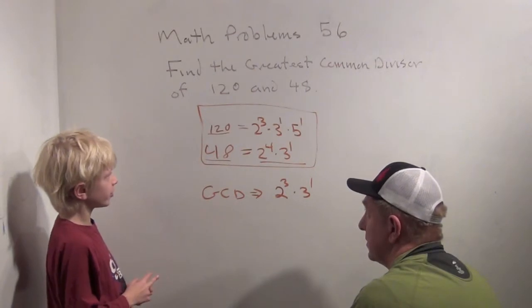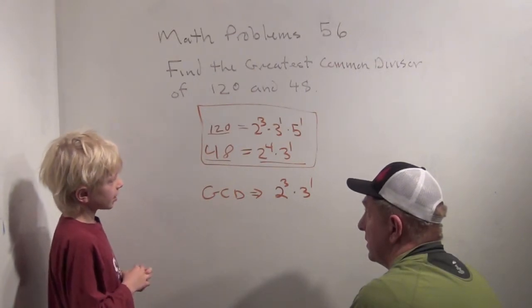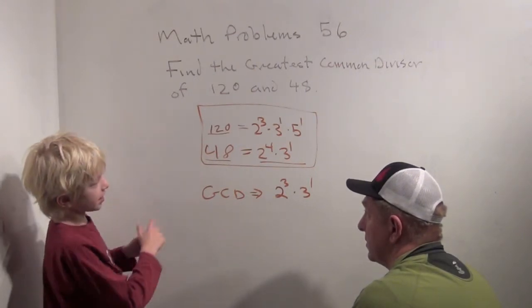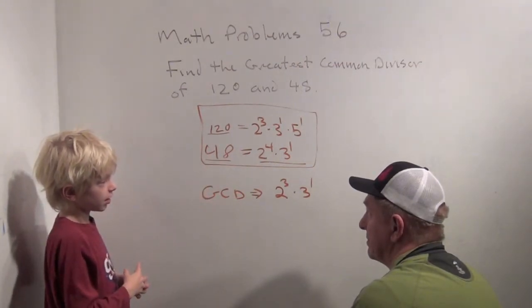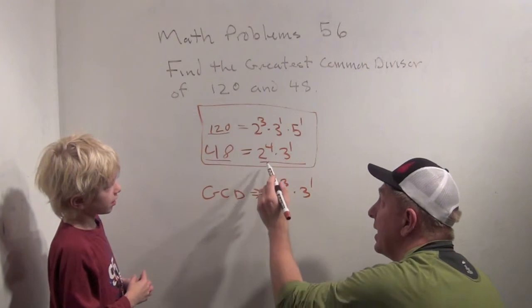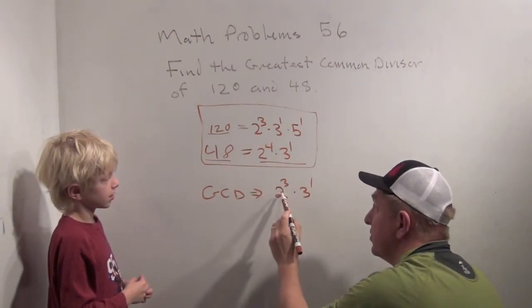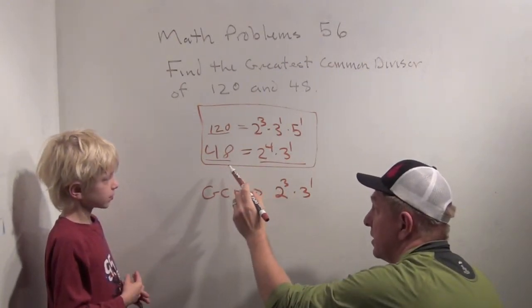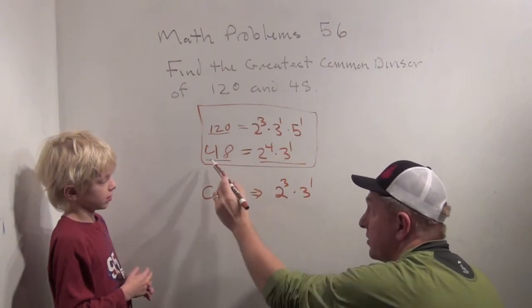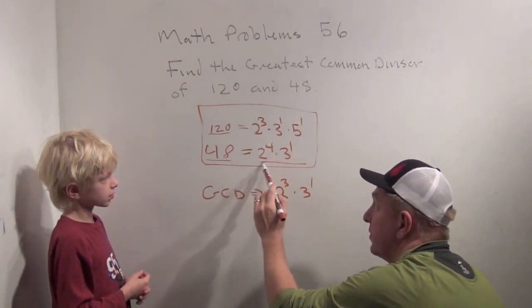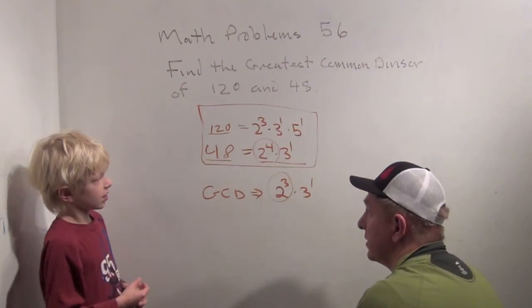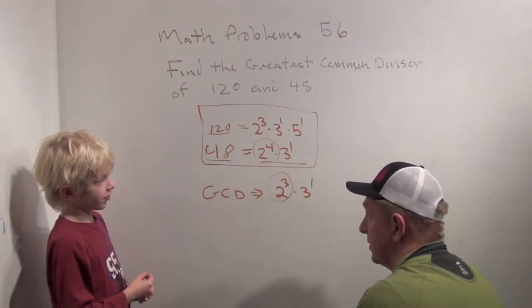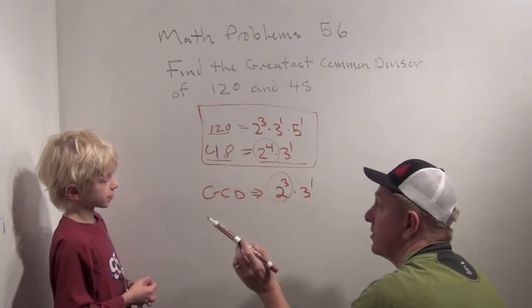Well, 2 cubed is 8, and 8 times 5 is 40, so 8 times 6 is 48. Right. And does 2 cubed go into 2 to the 4th? Yeah, you just multiply by 2 to the 1.